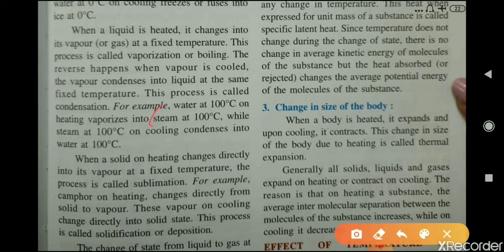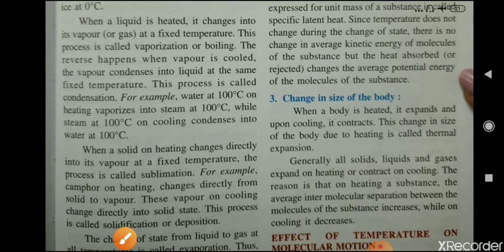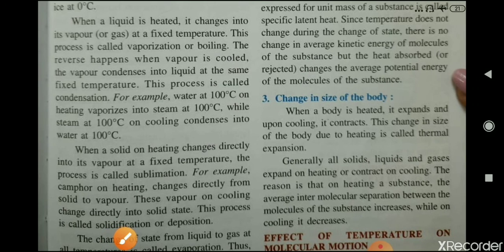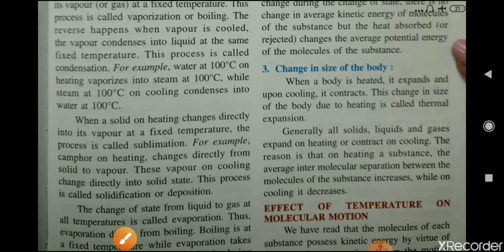Solid without changing to liquid directly changes to gas. An example is camphor, which you all must have seen. Camphor directly changes from its solid state to vapor state, and the vapor on cooling changes directly into solid state.